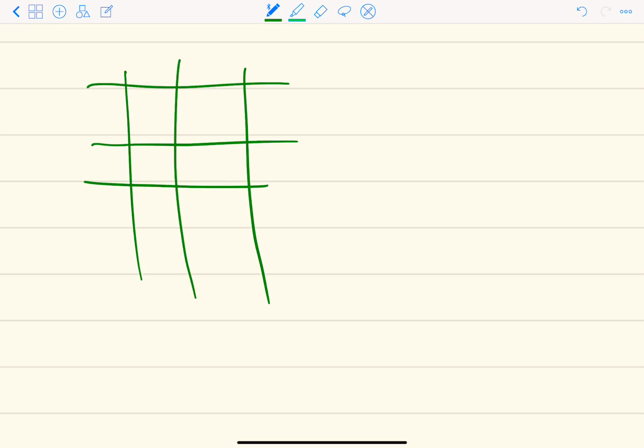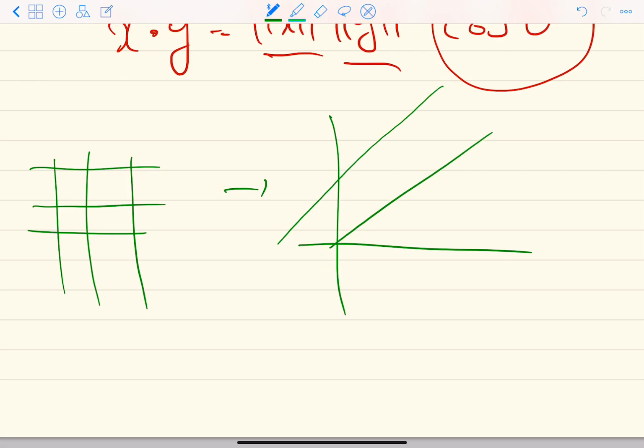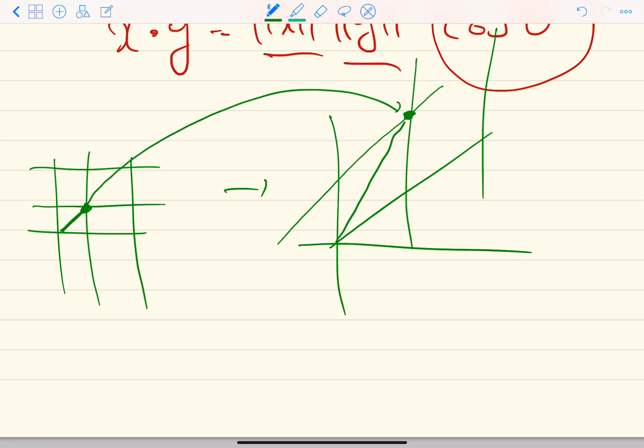So if we have this kind of coordinate system, and then this (1, 1) becomes this point, their lengths become different, right?